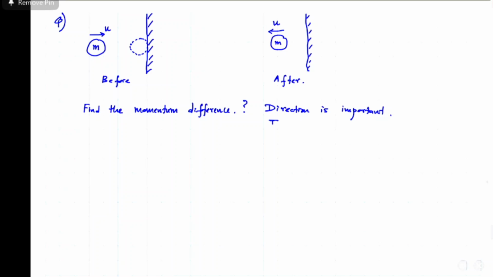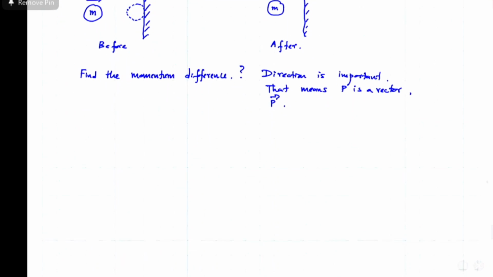That means P is a vector. See, it's easy. So, the definition of momentum: P is equal to m times v. But now you know the actual definition of momentum would be P vector is equal to m times v vector.